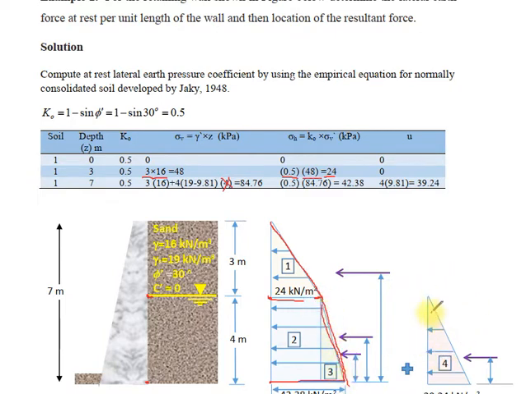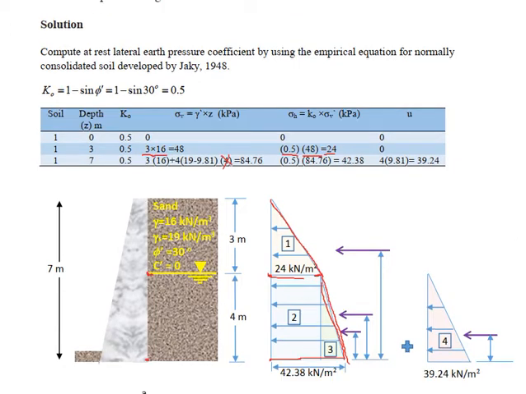The hydrostatic pressure can also be calculated. At depth 0 it will be 0, at depth 3 meters also 0, since the water table is at depth 3 meters. Here at the bottom it will be 4 multiplied by 9.81 equal to 39.24 kN per meter squared, and it is linearly distributed with depth.